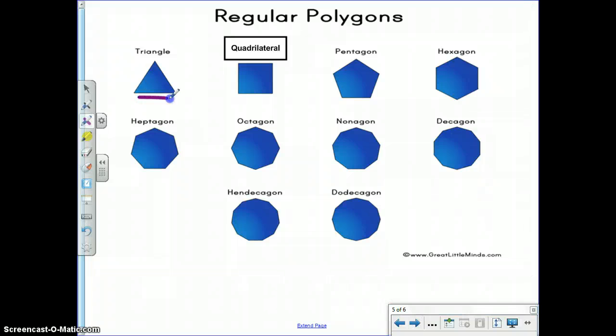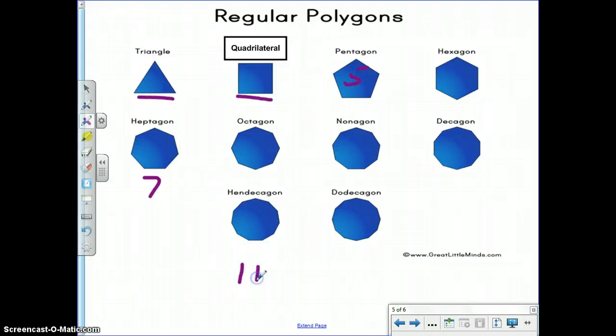Again, we have our triangle, 3 angles and 3 sides. The quadrilateral, 4 angles, 4 sides. You write down the list. The pentagon, which has 5, then the hexagon, which is known for 6 angles, 6 sides, heptagon, here's the 7, skipped over one that last time, the octagon, 8 angles, 8 sides, the nonagon, which has 9 angles and 9 sides, the decagon, which is 10 angles, 10 sides, and so on.